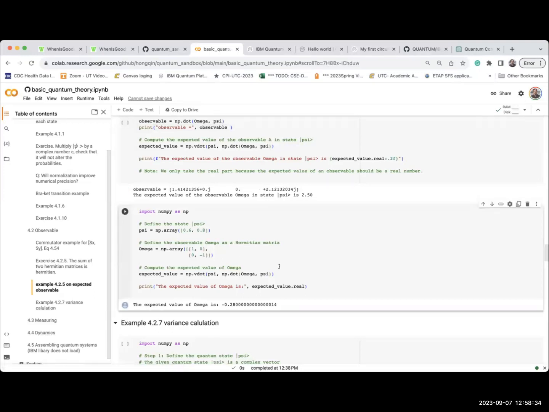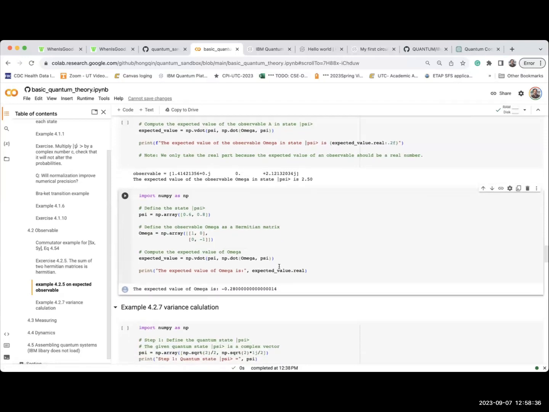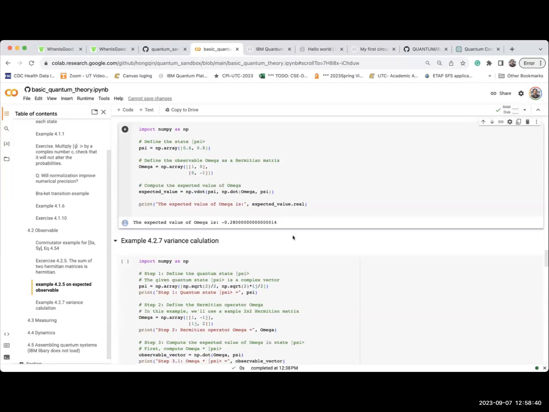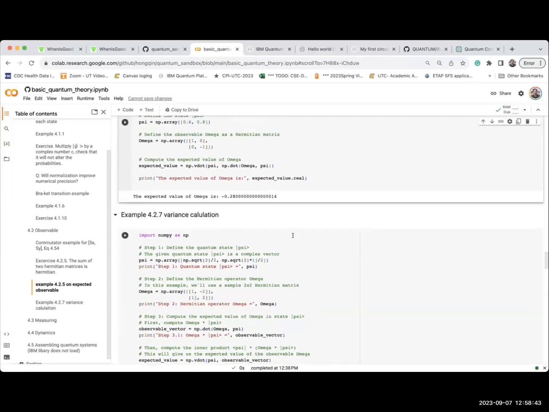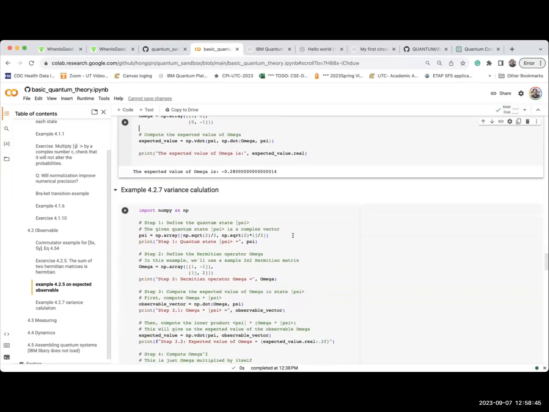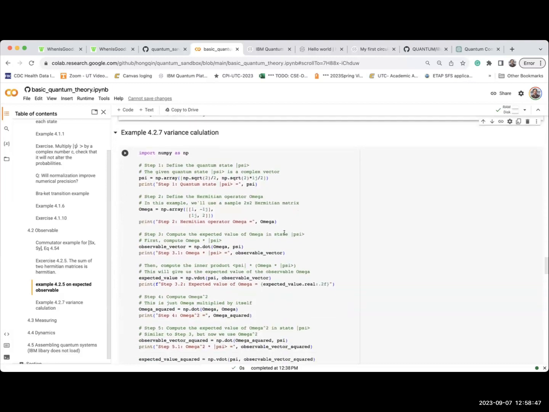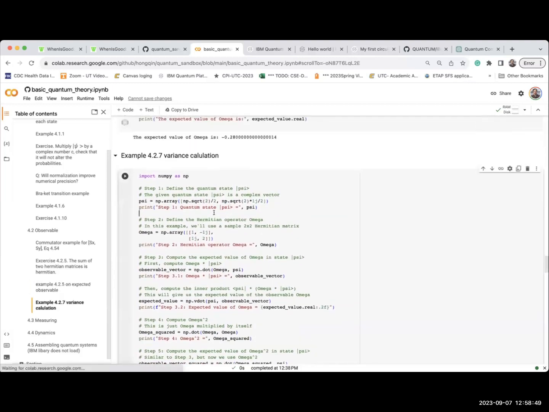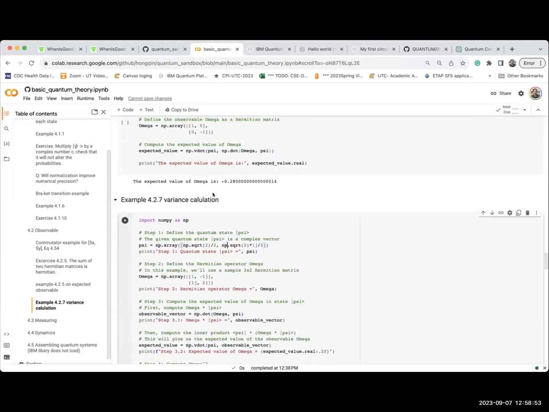That's just another example, I guess. So, okay, the next part is, I think, a similar thing, but now we calculate the variance of it. That should be the book example 4.2.7.